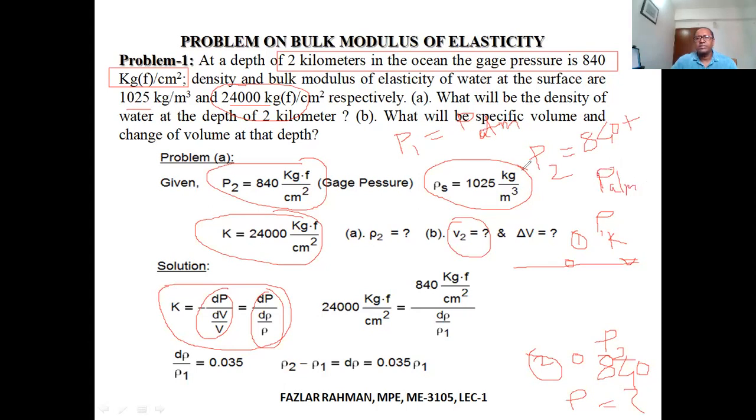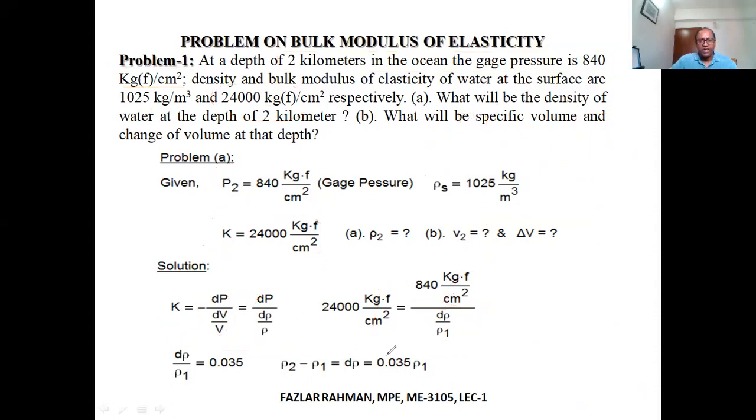If you subtract, P2 minus P1, what will you get? Your atmospheric pressure will be out. You will get only 840. That's why they put delta P as 840, and this term they keep the same. This unit will be out. So from here, you can figure out this value, del rho by rho 1, which is 0.035.